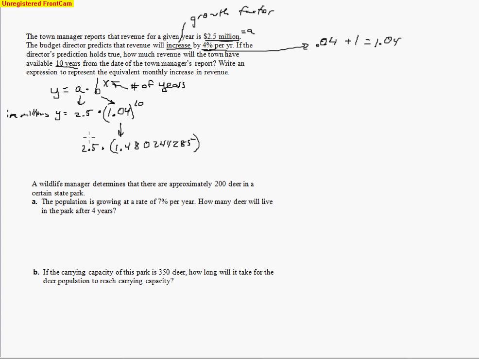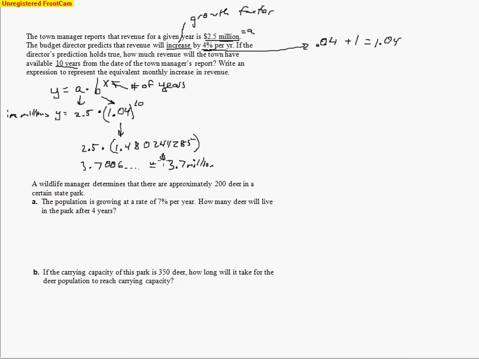When I do that, I got 3.7006, and so on, and this is in millions. I'm going to round this off because this is just a prediction. I'm going to call this 3.7 million, and that should be the prediction of how much revenue.